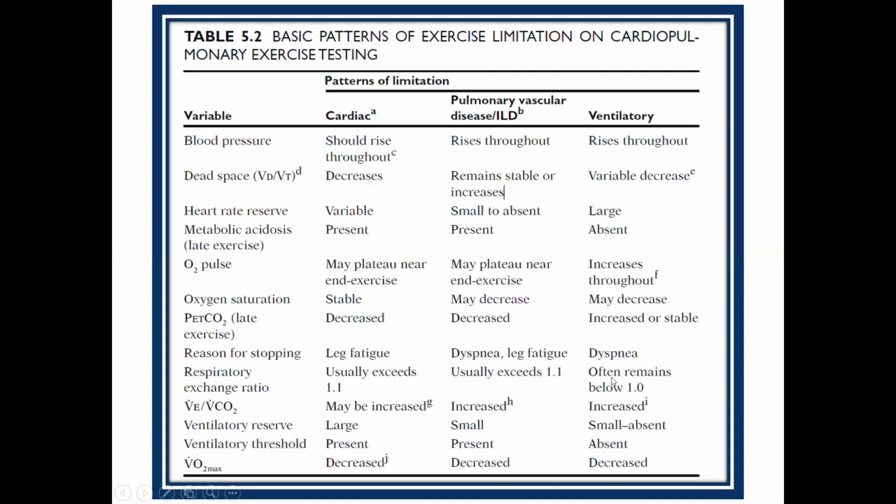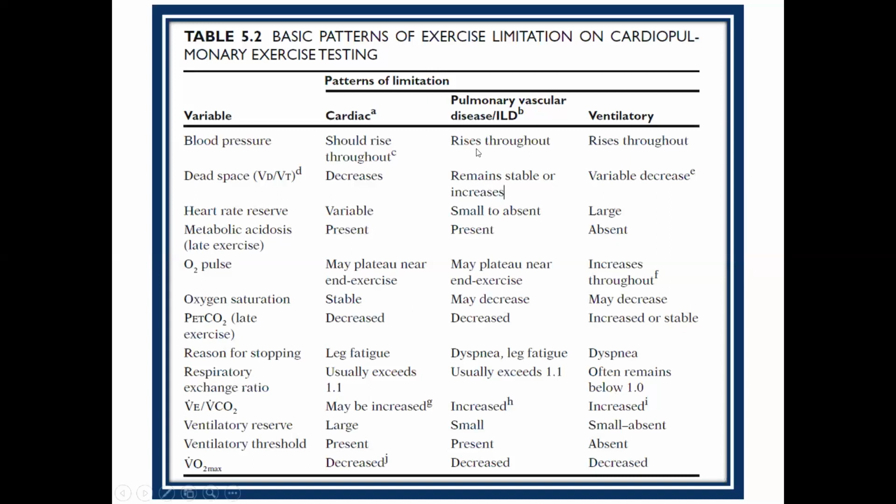So this is one scenario where it is an adequate effort, but the RER is low because the patient just can't keep up with exercise because they have a ventilatory limitation. And lastly, which is obviously a giveaway, if you start having oxygen desaturation with exercise that takes a minute or two to recover or requires supplemental oxygen in the recovery, that is obviously a sign of pulmonary limitation.